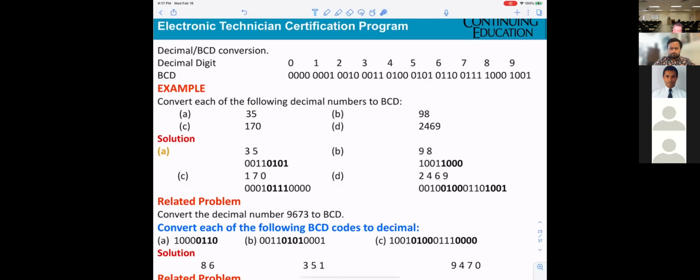That will be 0011. They must be 4 bits. Okay. And number 5, 0101. That's easy. You understand the BCD, binary coded decimal. They get a value only 0 to 9. That means they work like decimal, but they are in binary. So you cannot get any number greater than 9 in the BCD.